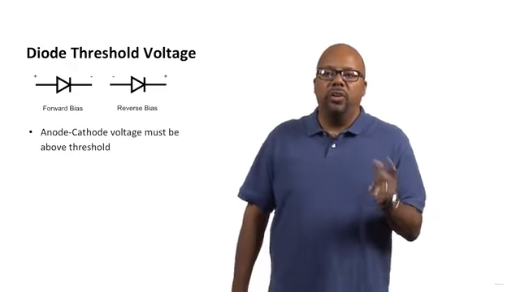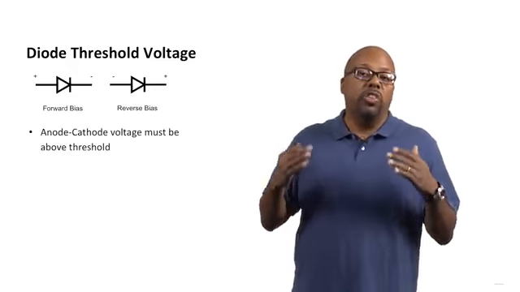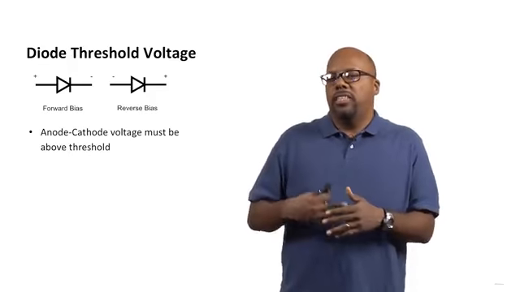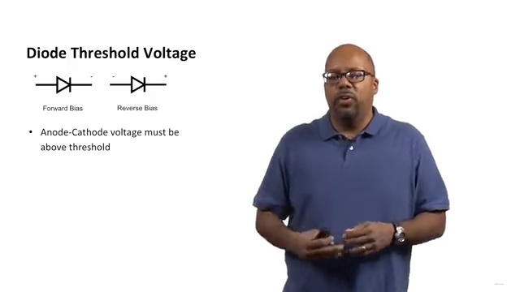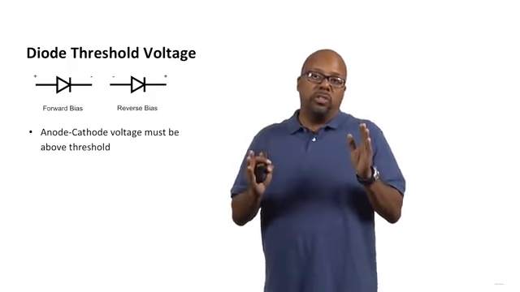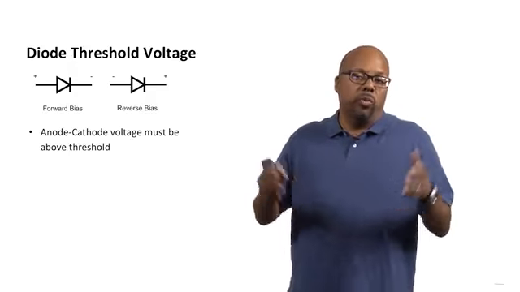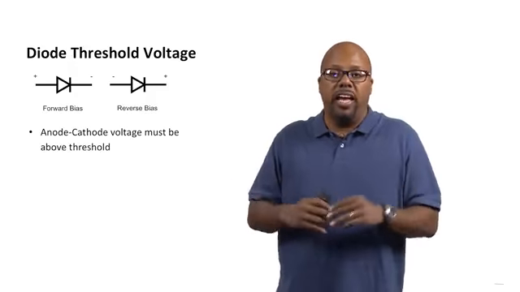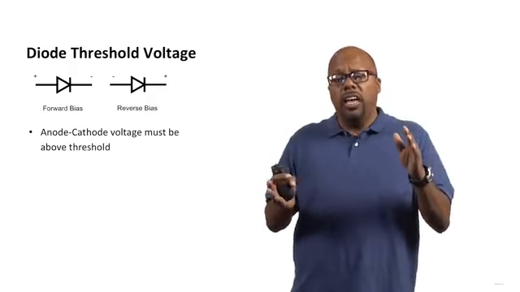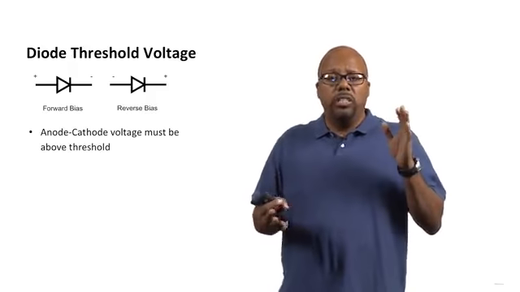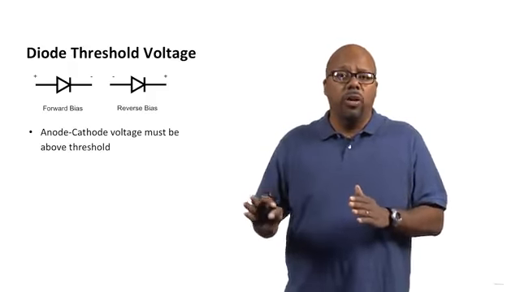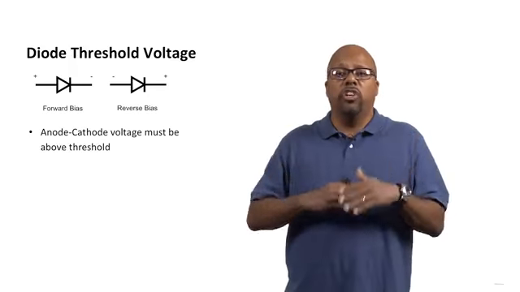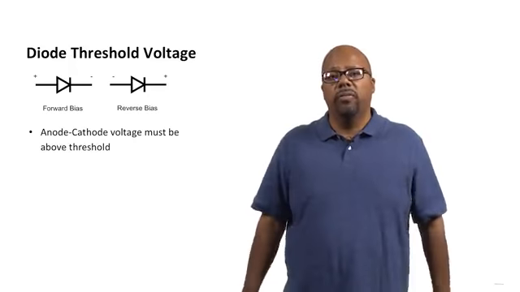So the anode-cathode voltage must be above a certain threshold. Not only does the anode have to be positive with respect to the cathode, the difference between the voltages at those two ends has to be above a threshold. Let's say 1.7 volts, but this is going to depend on the diode. If the voltage is below that threshold, then current will not flow. But once it gets above that threshold, then current flows and there's very little resistance.